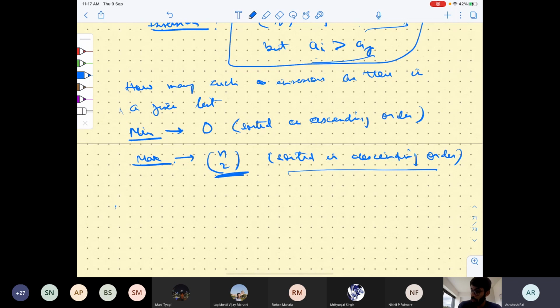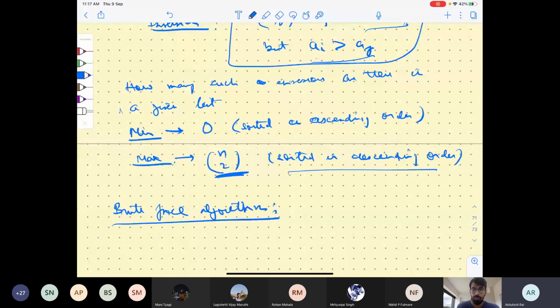So what can be a naive brute force algorithm? Check every pair.